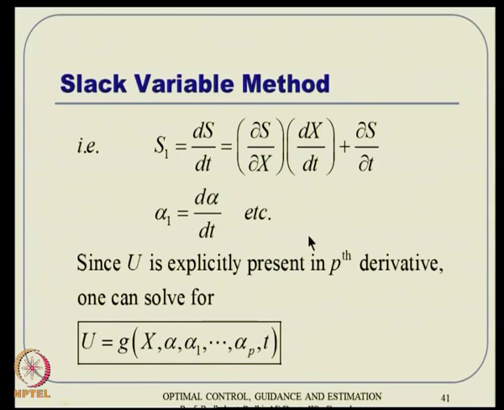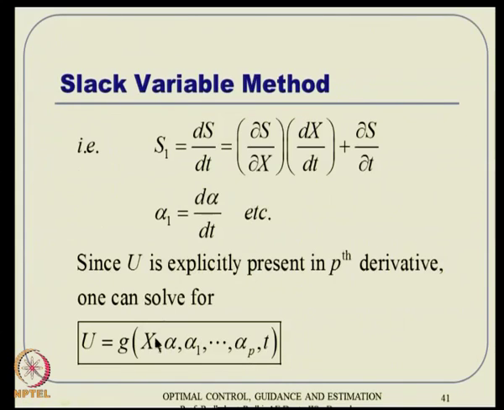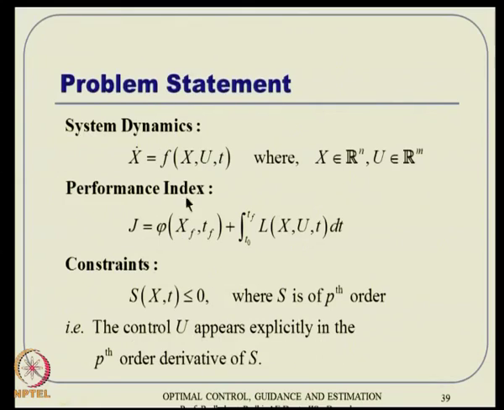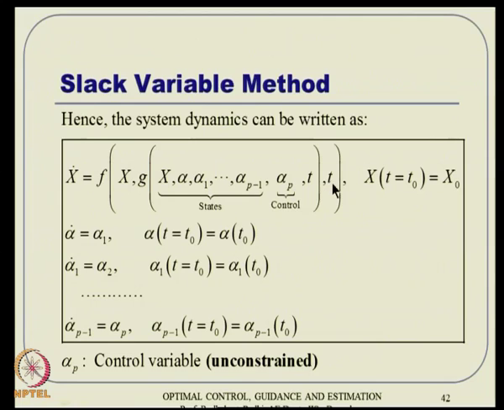Then I will go back and substitute my control in terms of that. Remember x dot is f of x, u and t of course. So, in f of x, u, t, whatever u is, I substitute that.